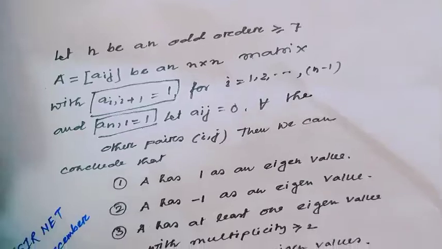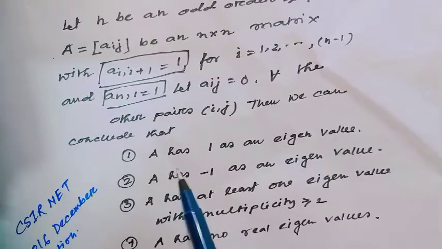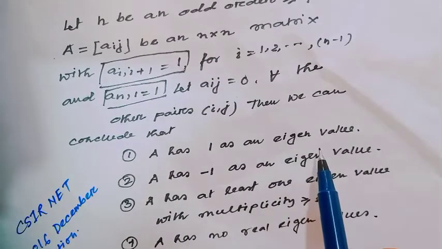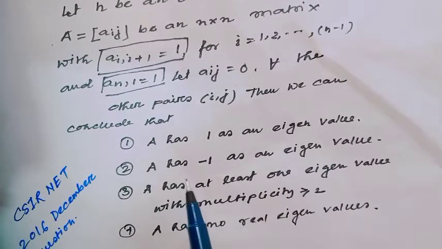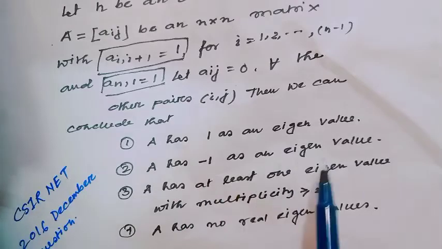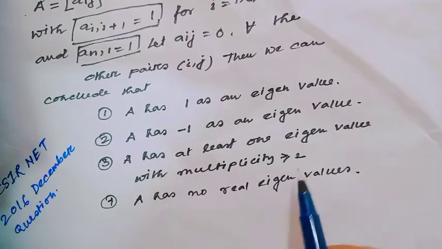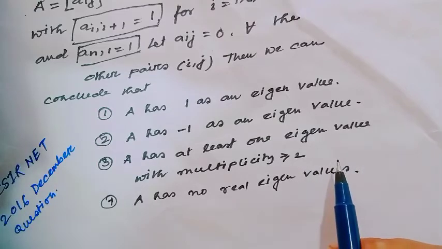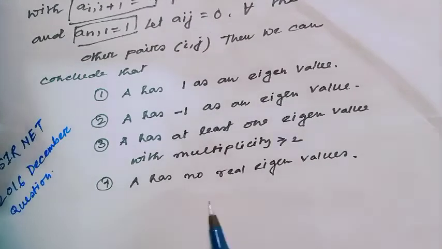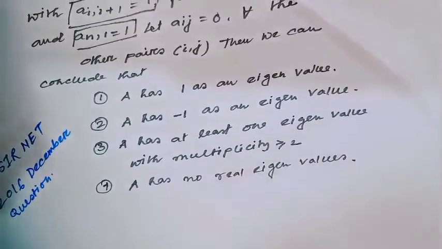Then we can conclude: option 1, A has 1 as an eigenvalue; option 2, A has minus 1 as an eigenvalue; option 3, A has at least one eigenvalue with multiplicity greater than or equal to 2; option 4, A has no real eigenvalue.